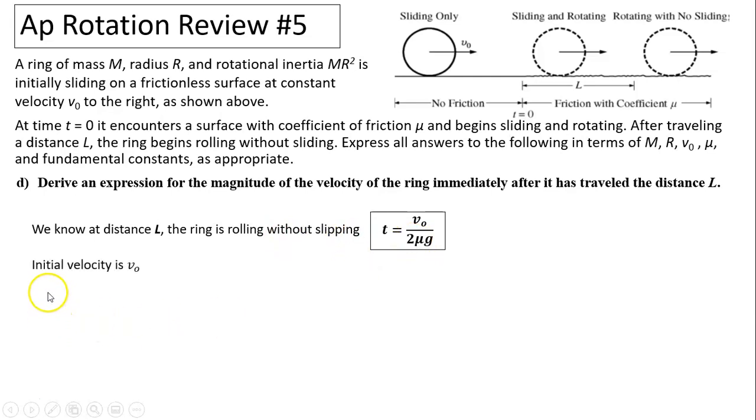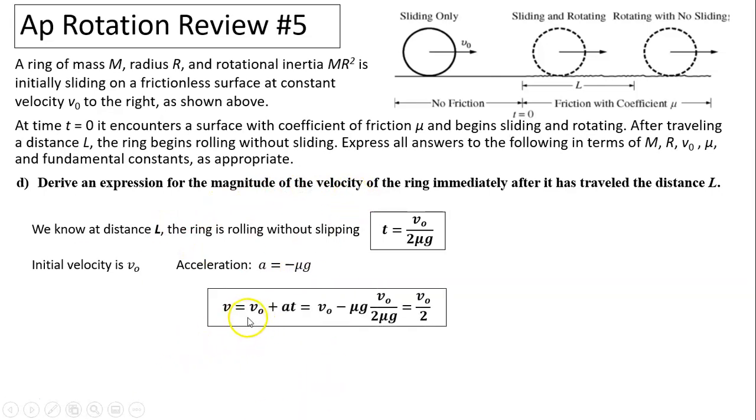We also know the initial velocity is v0, and the linear acceleration is negative mu g. Final velocity is v0 plus at, which equals v0 minus mu g times t, and t is v0 over 2 mu g. Simplifying, you have v0 divided by 2.